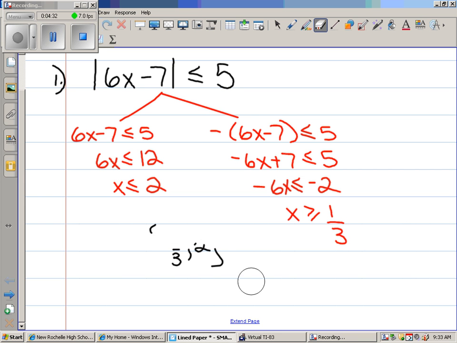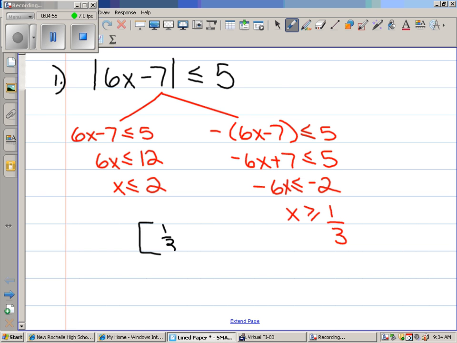Let me show you what kind of brackets you could have used. Now, you could leave your answer like this. You could have written your answer, x is less than 2 but greater than a third. So you could have used soft brackets and done a third and 2. Wrong brackets. Sorry about that. Not soft brackets. Hard brackets because of the less than or equal to.